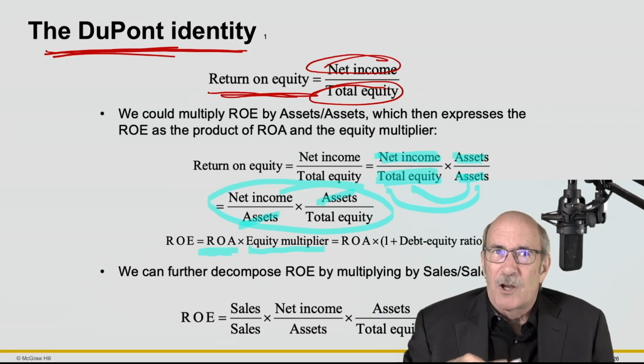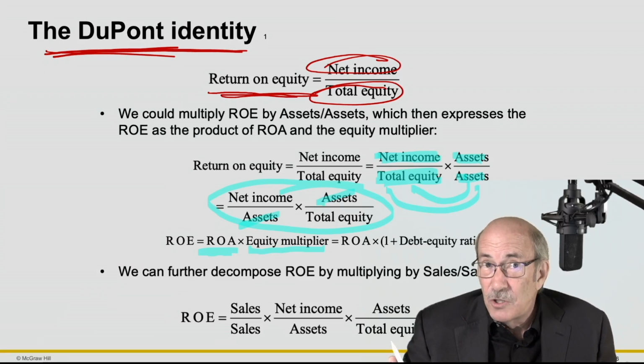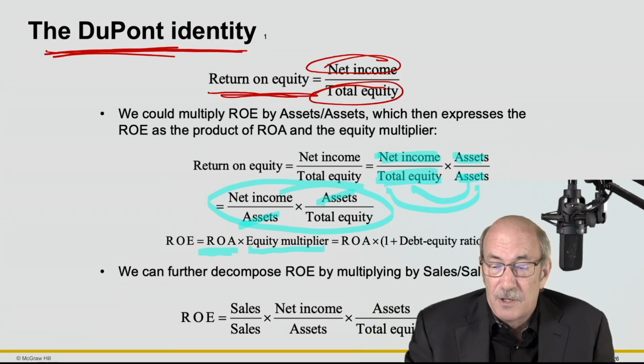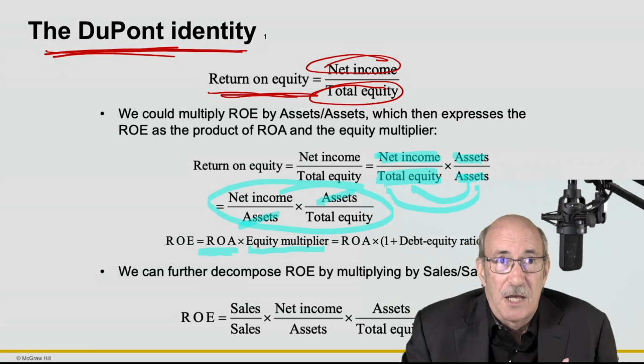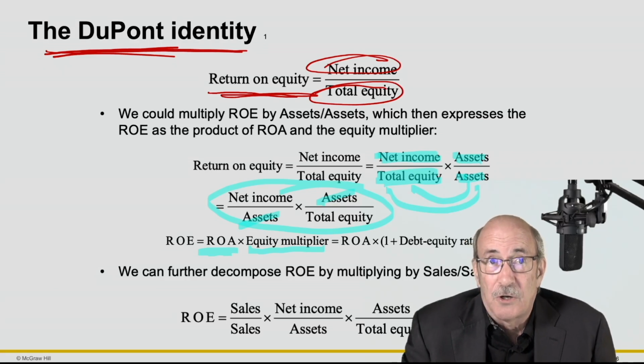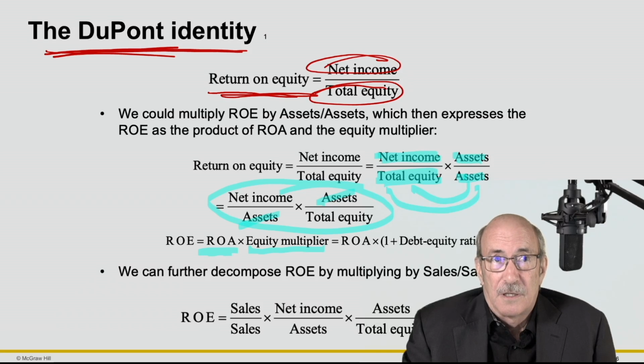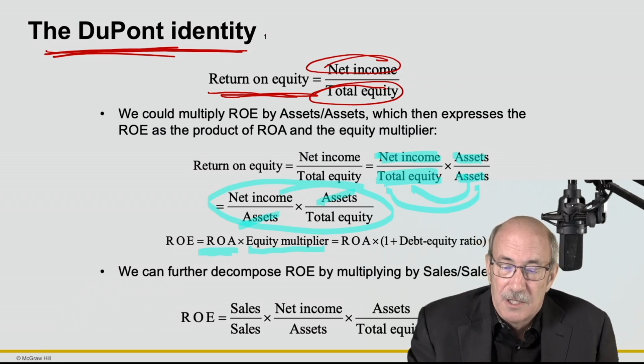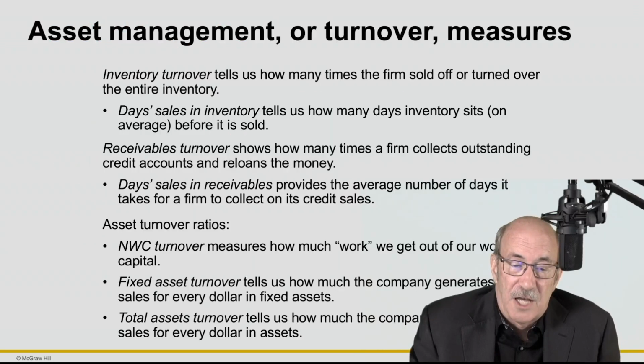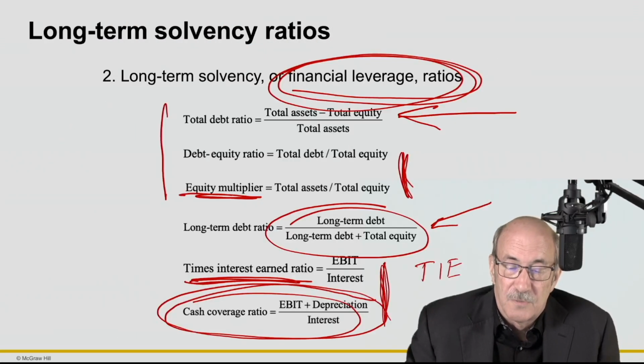Is it because we have a great return on assets and almost no debt? That could be it. Maybe it's that we have a moderate ROA and a really high leverage ratio, a lot of debt. That could also lead to a high ROE. Let's go back to that slide on long-term solvency.